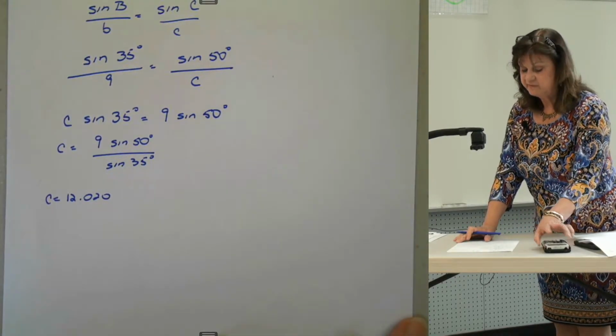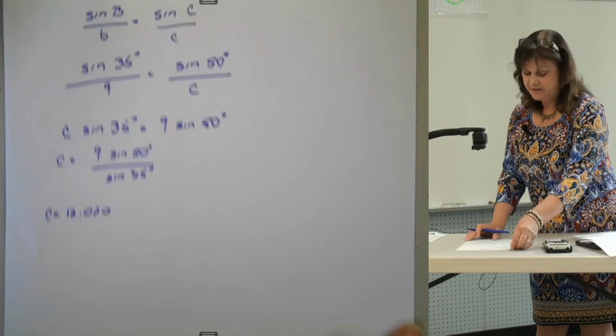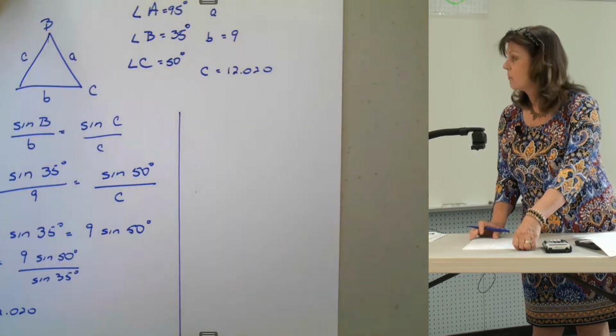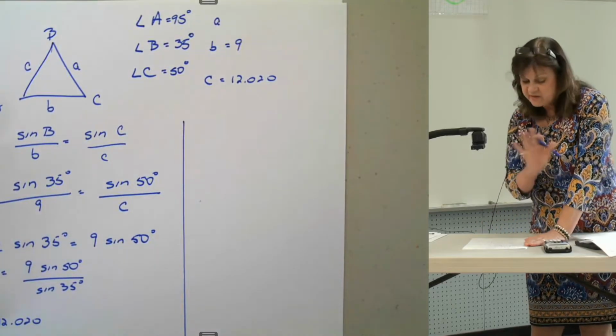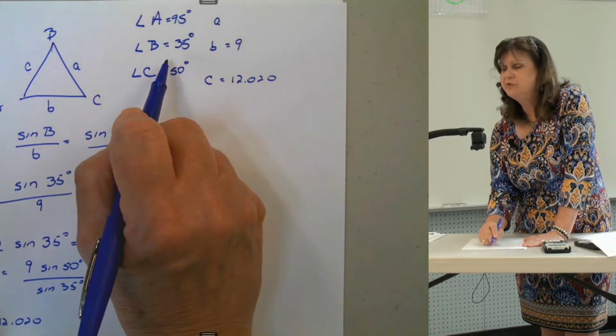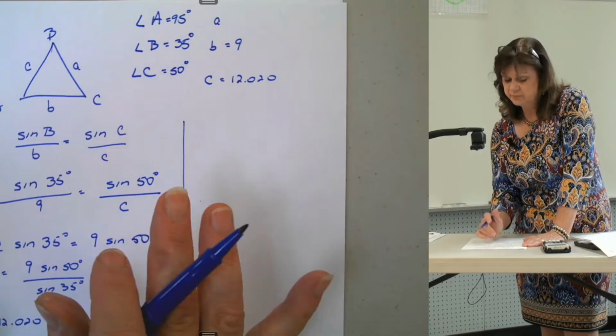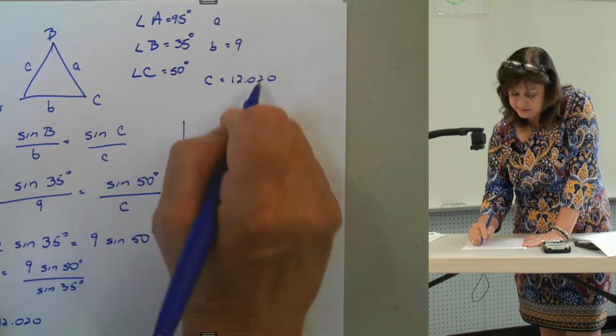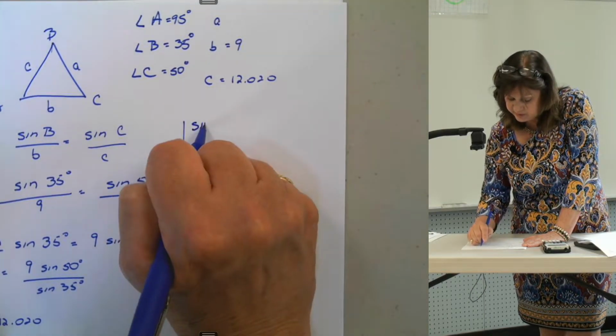Now, of course, I have to find side length A. So they gave me everything on B. And again, I would use the angle that you have all the information on, because if you're making any kind of math mistake, you're going to throw off all your calculations.